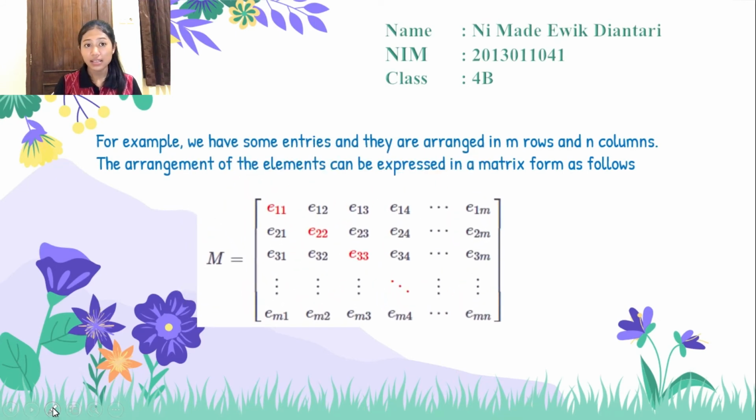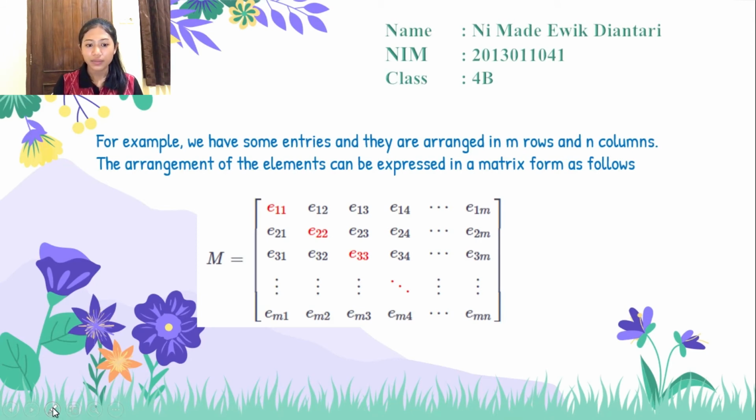Okay, in this case, the total number of elements in a row is not equal to the total number of elements in a column. Hence, a rectangle shape is formed in the matrix, and the matrix is called a rectangular matrix.